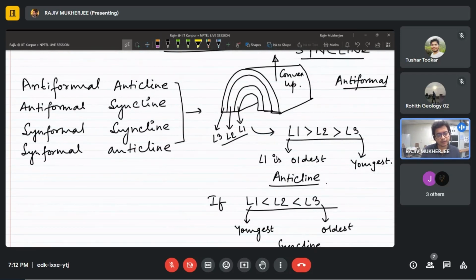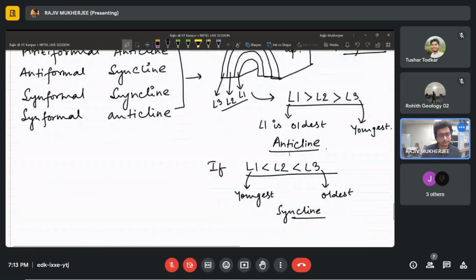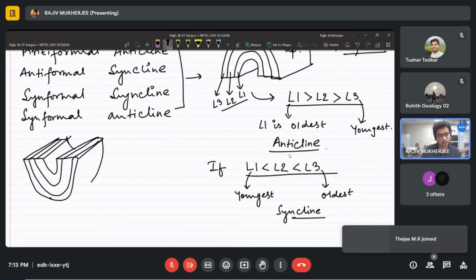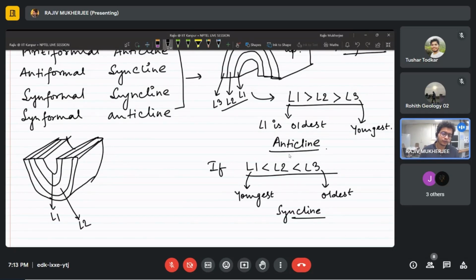Similarly, for synformal syncline, this is L1, this is L2, and this is L3.